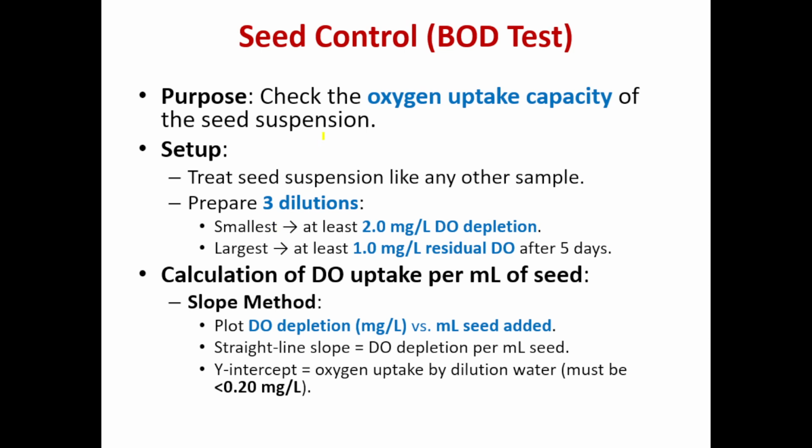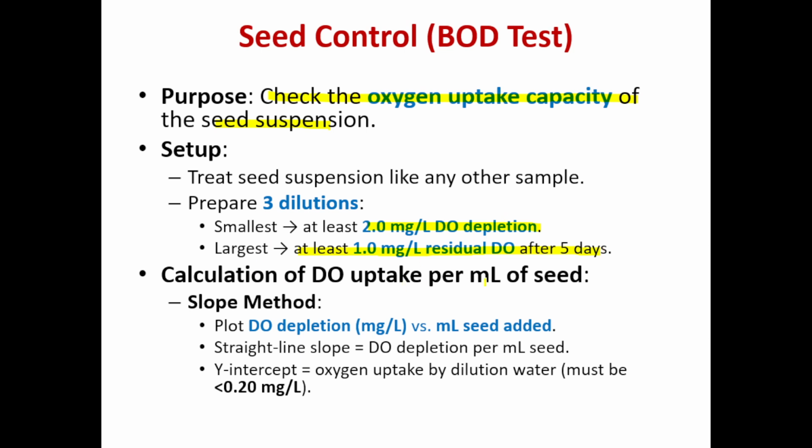Now about seed control. It is to check the oxygen uptake capacity of the seed suspension. We need to treat the seed suspension like any other sample. Prepare 3 dilutions: the smallest should have at least 2 mg per liter DO depletion, and the largest at least 1 mg per liter residual DO after 5 days.